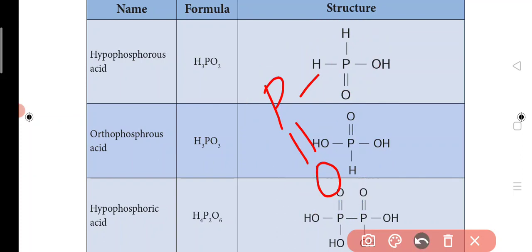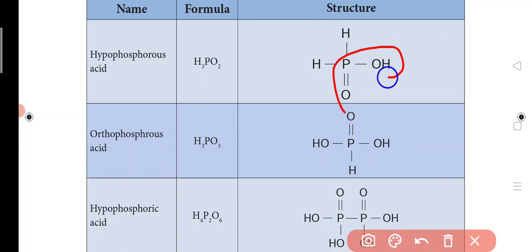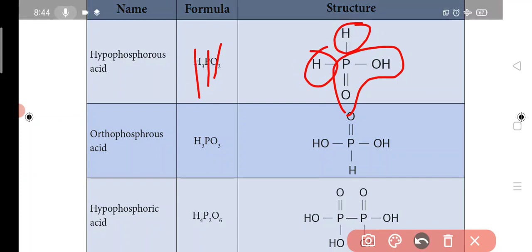So let's see how to write the structures now. H3PO2: first put P, OH and double bond O. Two oxygens are over, one phosphorus is over, one hydrogen is over, and of the 2 remaining hydrogens, one goes here and the other here. Is it clear?